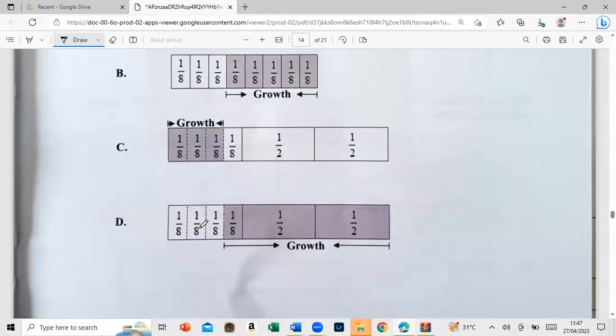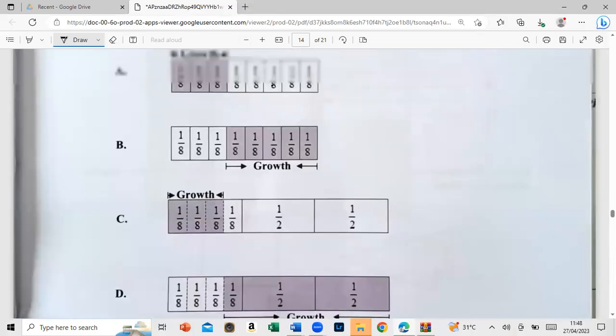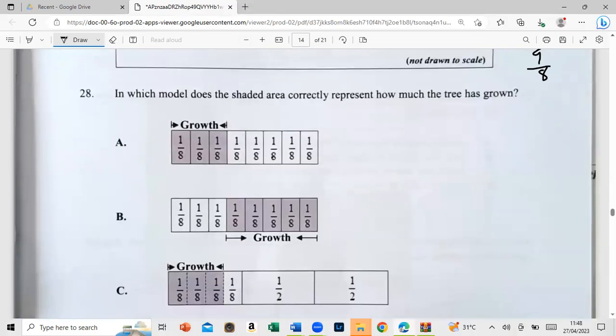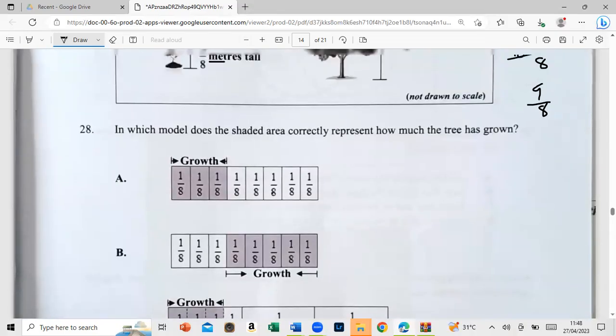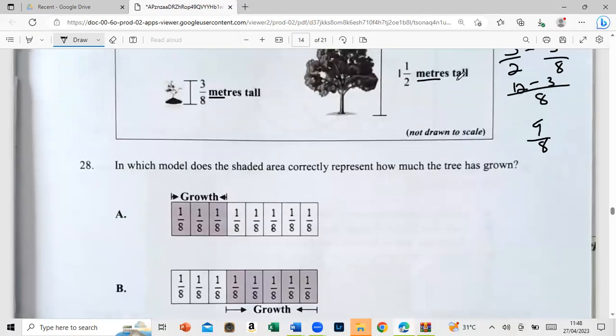Alright, so 1, 2, 3. Oh, this would make sense. Let me see something. This is 1/8 plus, so this is a whole and 1/8. So I'm going to go with D. This one is a bit tricky.